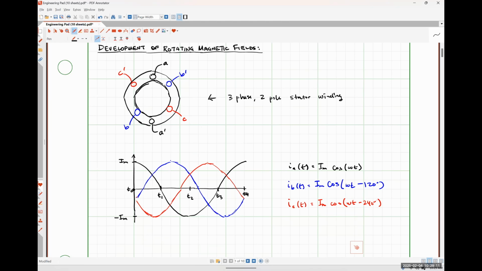So this is what we've got going on. Okay, so we've got our stator, and it is energized because it has currents flowing into each of its windings.